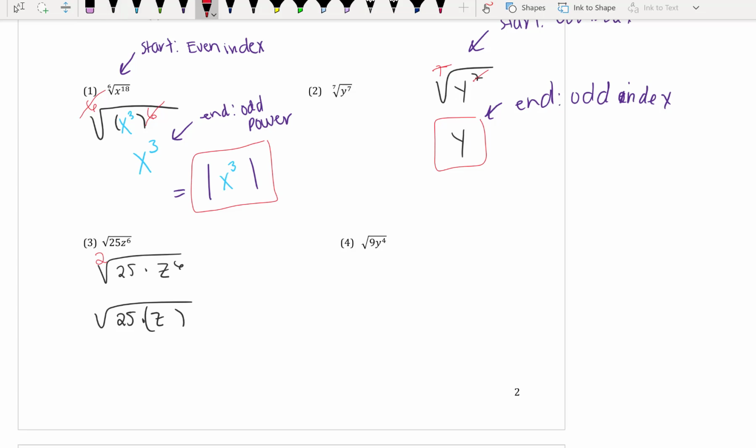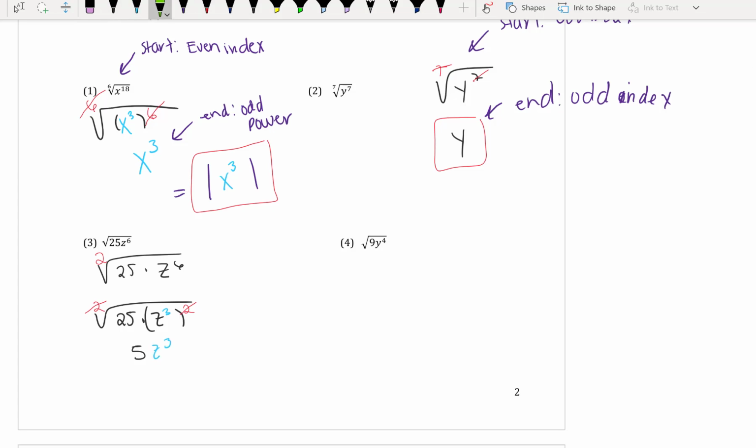And here, remember, I want to match it to my index. If my index is 2, then what times 2 will give me that 6 on the inside? Well, that would be 3. So now I know that that square root will cancel out with that square root. And so the square root of 25 is 5. And I have my z to the 3rd power.